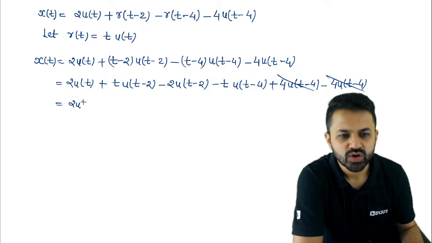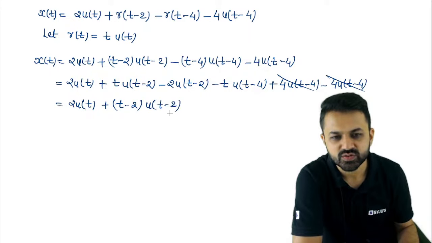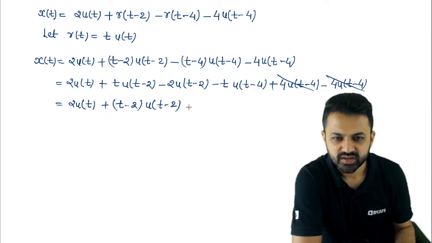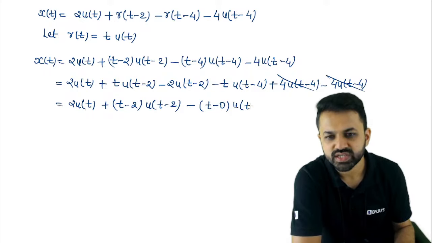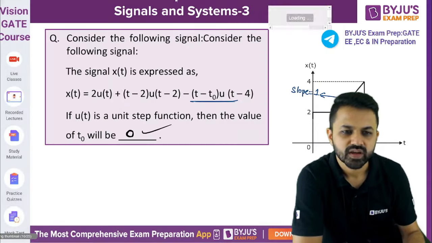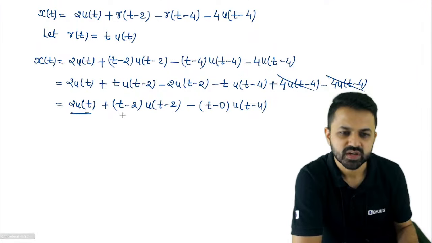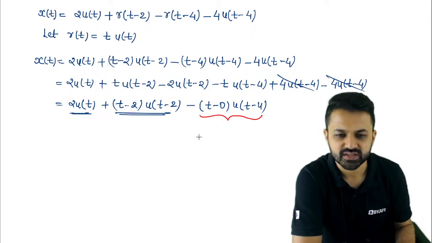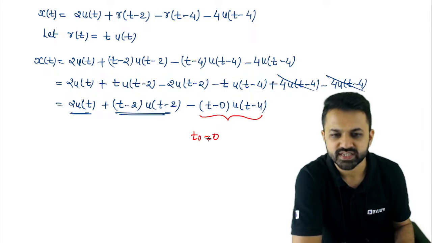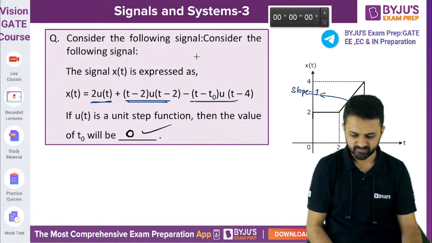This is 2u(t) plus (t minus 2)u(t minus 2) minus (t minus 0)u(t minus 4). We have already got the first two terms, and when we compare the last term, the value of t naught is 0.